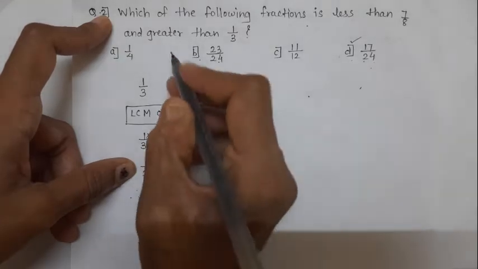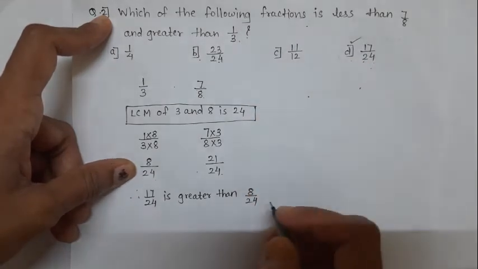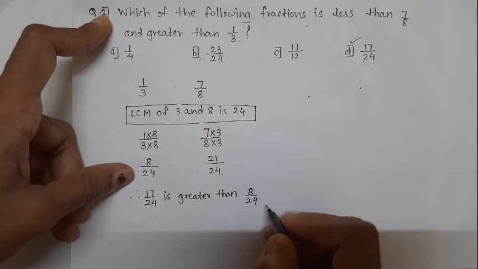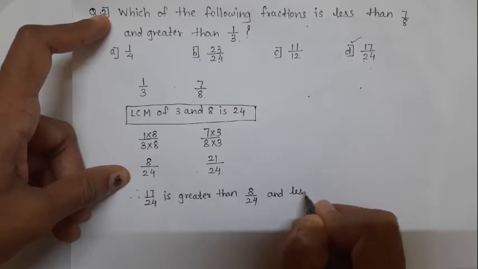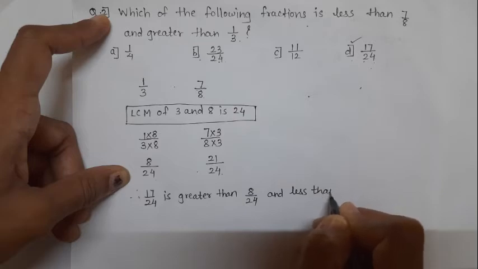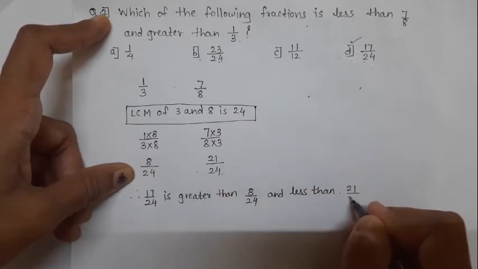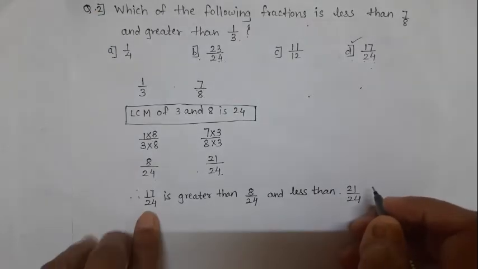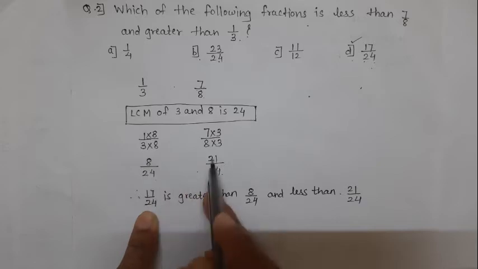Now 8 upon 24 means 1 upon 3. Greater than 8 upon 24 and less than 21 upon 24. Okay, that number is 17 upon 24. This number comes in between these two numbers. Yes, so that option is 17 upon 24.